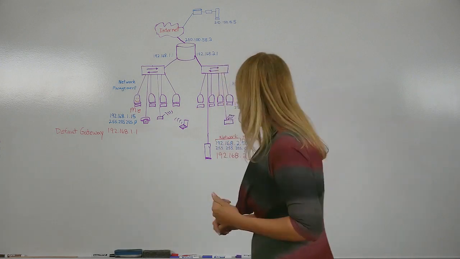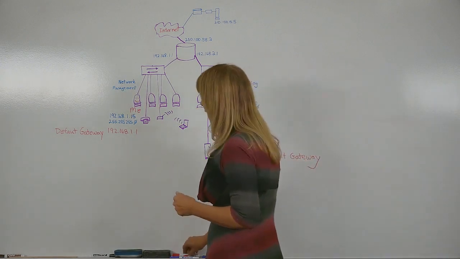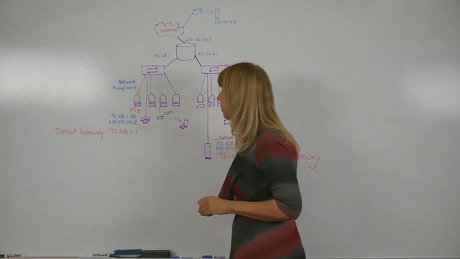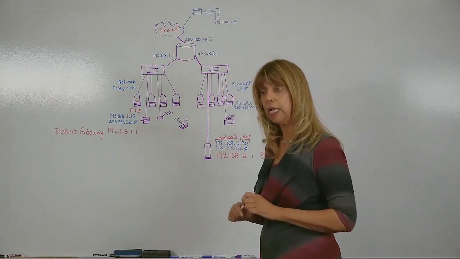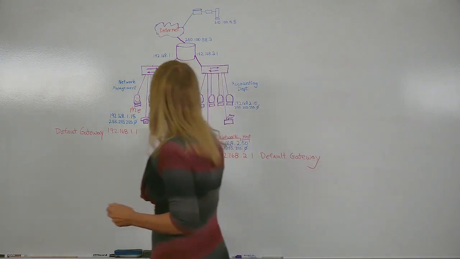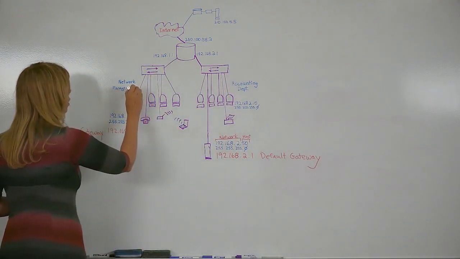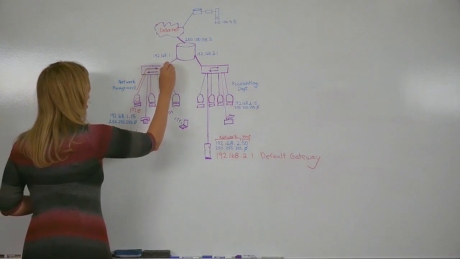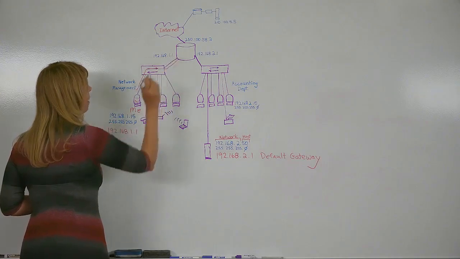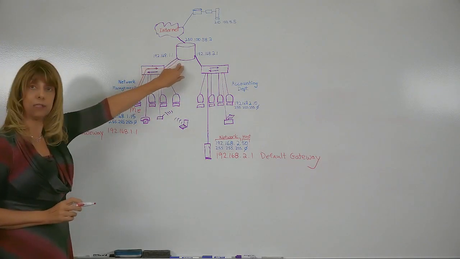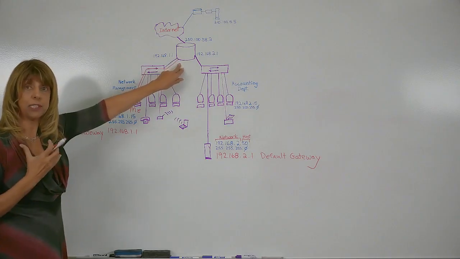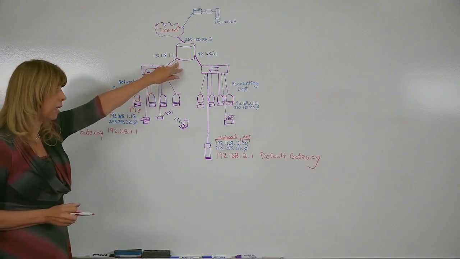If we look at me over here in the network management department, and I was trying to reach a server out on the internet, my traffic would travel up through my switch and end up at the address assigned to the router interface closest to me on the path to the internet.